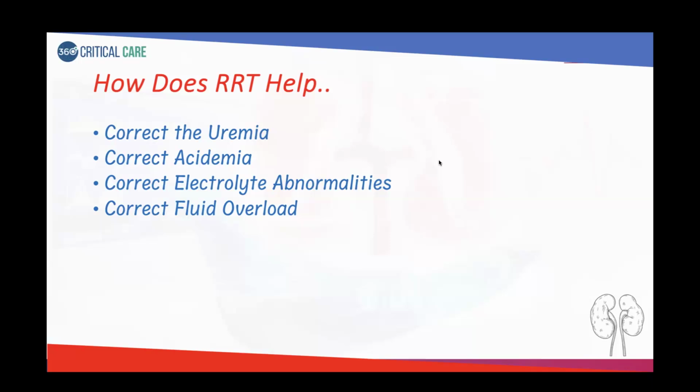There are multiple treatment aims for renal replacement therapy, starting from supporting the kidney, clearance of substances, clearance of fluid, etc. Based on that, we will talk about how different physiological mechanisms are used in renal replacement therapy to get specific goals, such as clearance of urea, clearance of acidemia, clearance of other electrolyte abnormalities, fluid overload, etc.